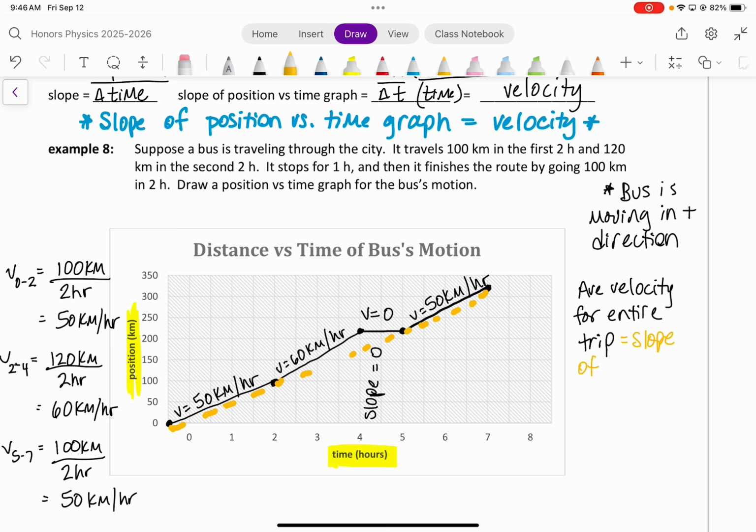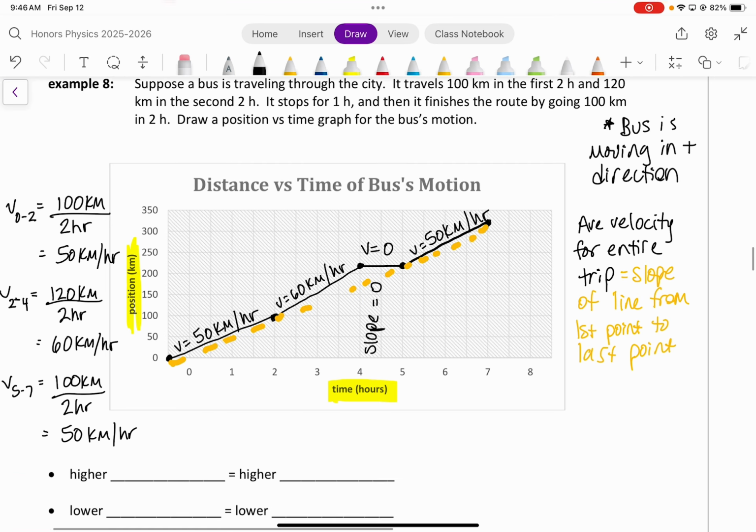So this is going to be the slope of the line from first point to the last point. So this is going to equal, my total distance traveled was 320 kilometers over a total time of 7 hours.